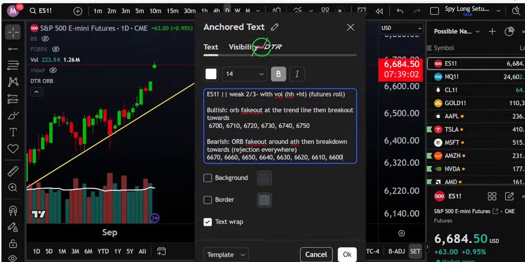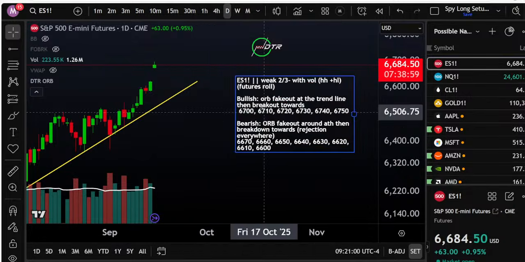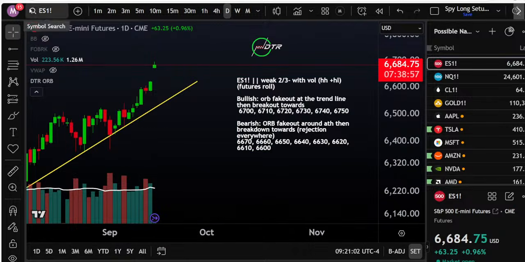No, you shouldn't have to, Michael. As for the futures roll, ES1 is always going to be showing you the forward contract. That means it should be showing the December contract now. There might be a few times where we have to switch to the December chart specifically, potentially in your prop firm execution.